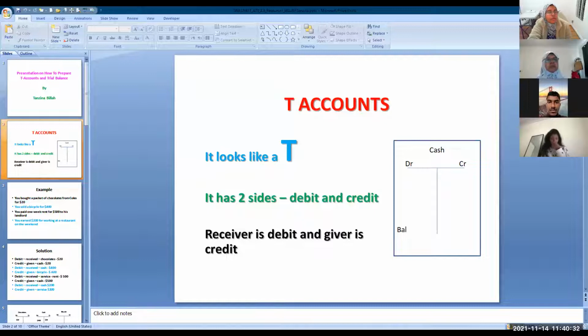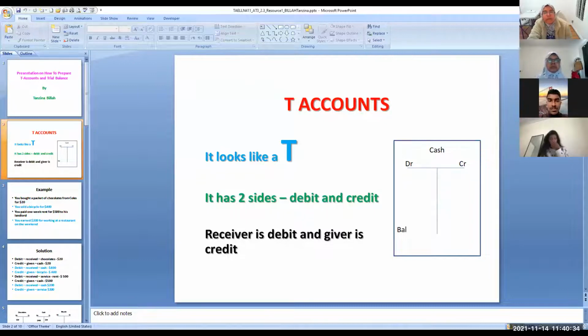I'll stop sharing for this moment. I'm giving you an Excel file to show how to do the trial balance.